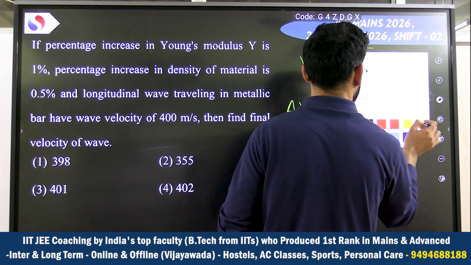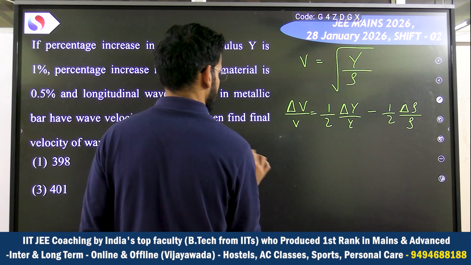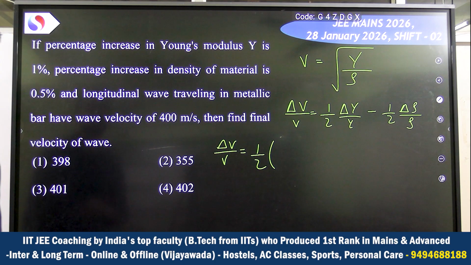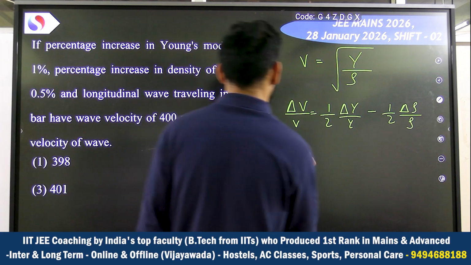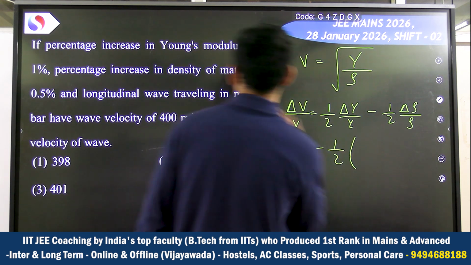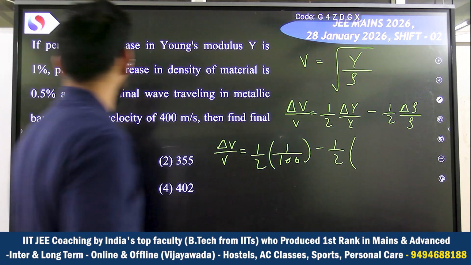How will we go? We will say delta v by v is equal to half times delta of Young's modulus divided by Young's modulus, which is 1%. 1% means 1 by 100, minus half of the increment, right? This is an increment, right? So you can say plus only, right?